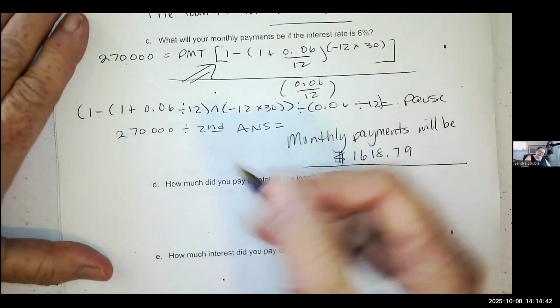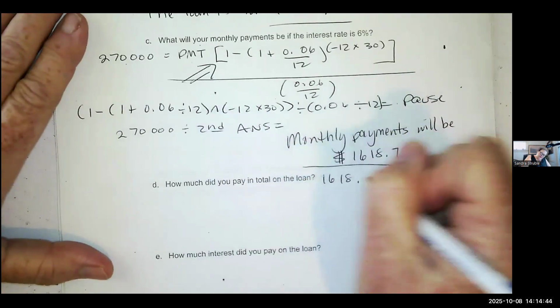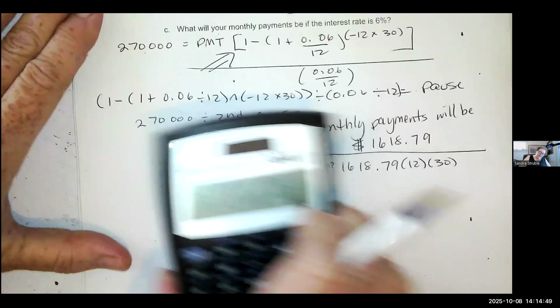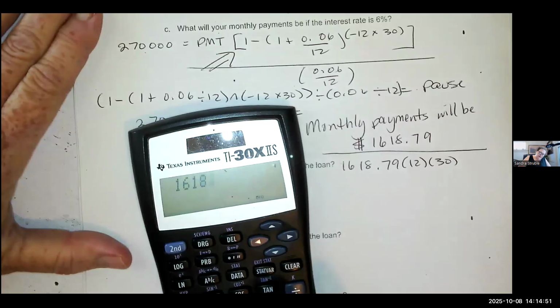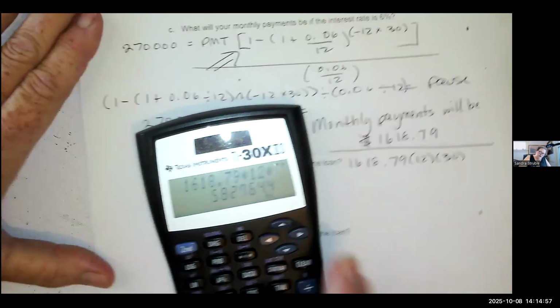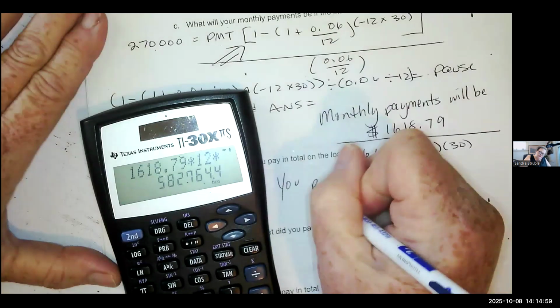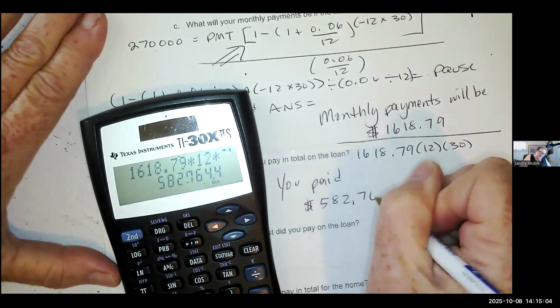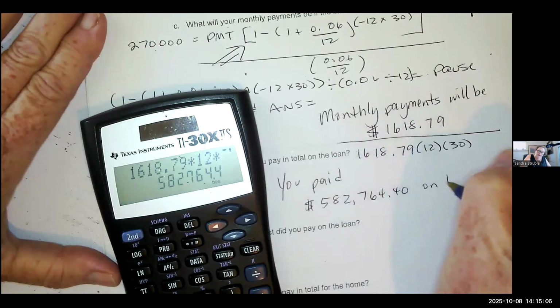That's just your monthly payments per month for 30 years. Clear your calculator. 1618.79 times 12 times 30 equals. So you paid $582,764.40 on the loan.